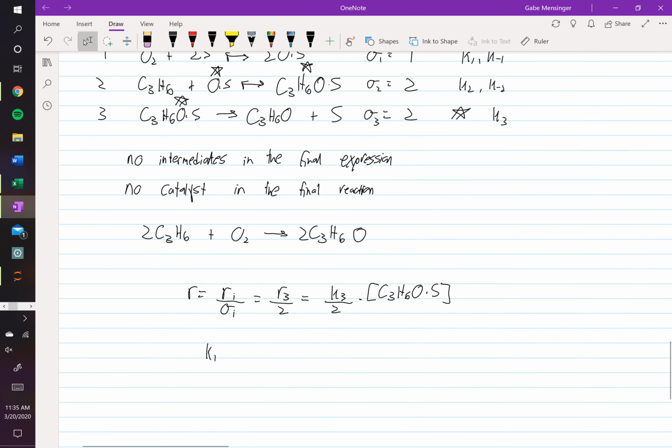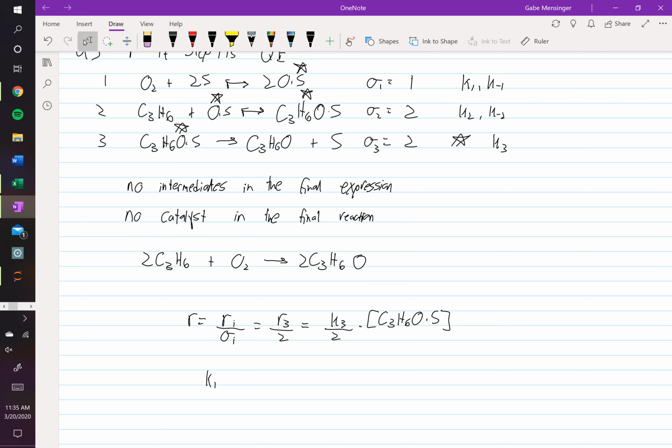So with K1 at QE, remember, the forward reaction is equal to the backward reaction. K1 times O2 times the concentration of S squared over CT is equal to K minus 1 times the concentration of OS squared over CT.